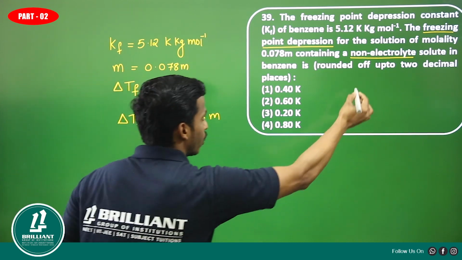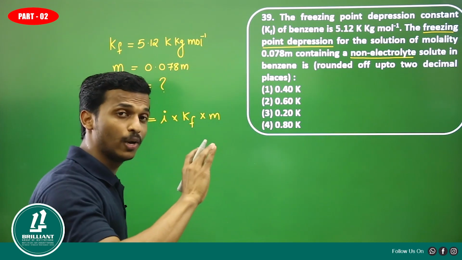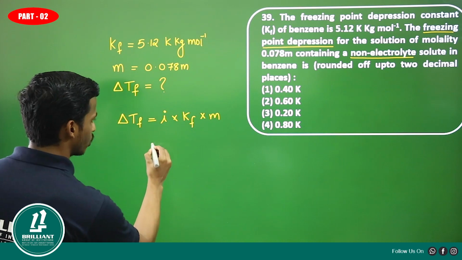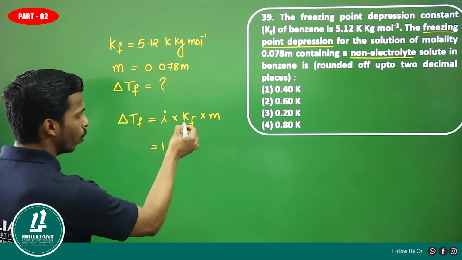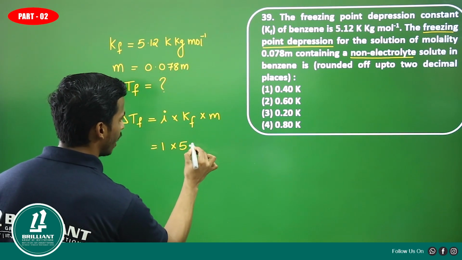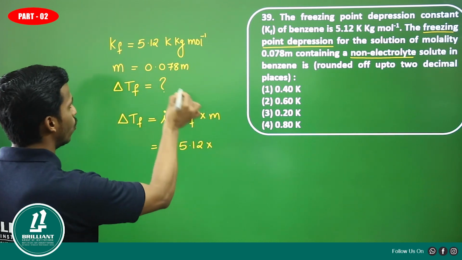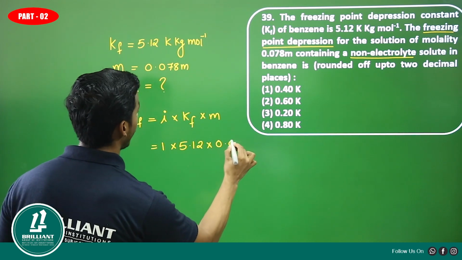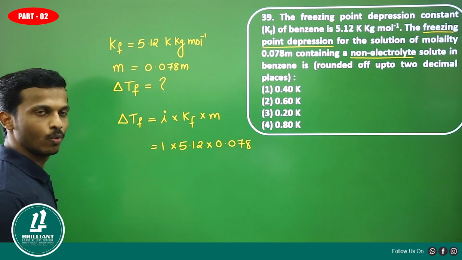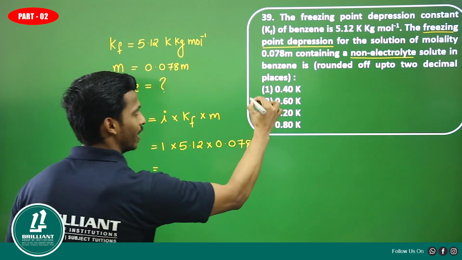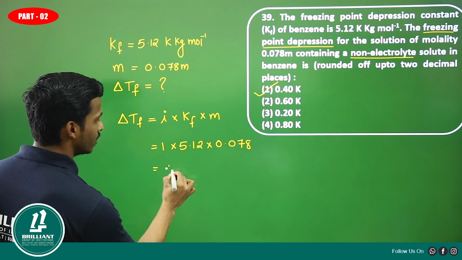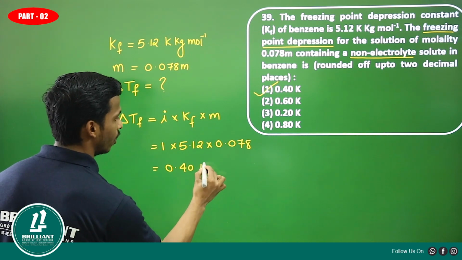Why is it so? Because it is a non-electrolyte. It will not undergo dissociation. So, we can write 1 into, what is the Kf value given here? 5.12 into, what is the molality? 0.078. While calculating, you will get almost the answer. Option 1, 0.40.